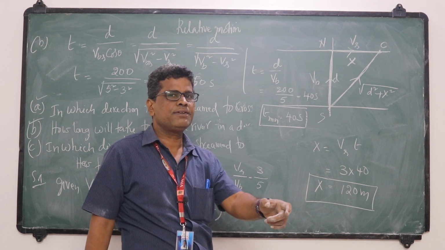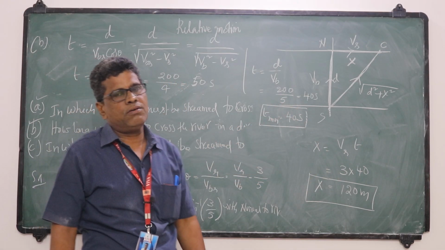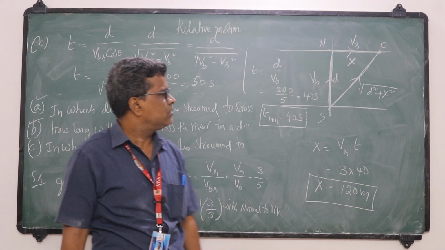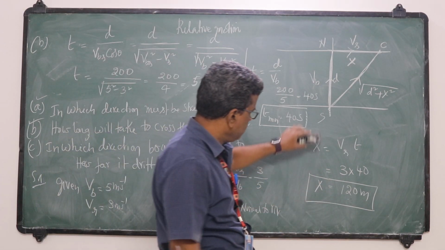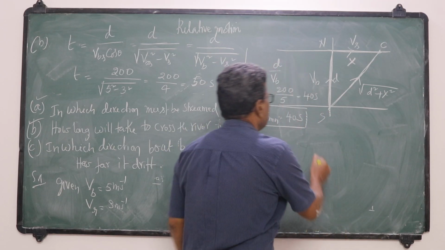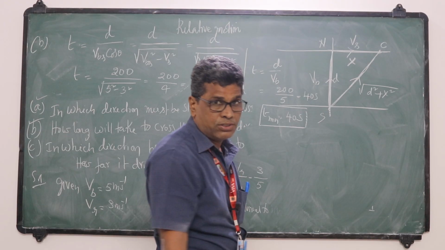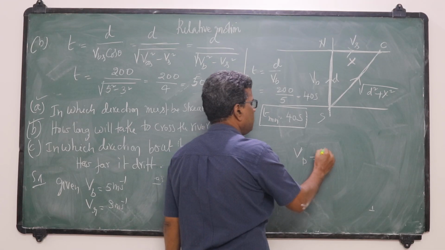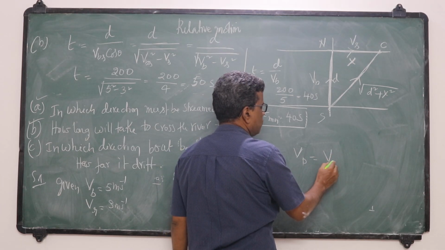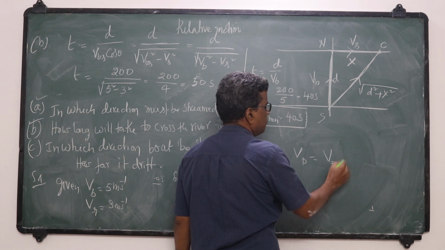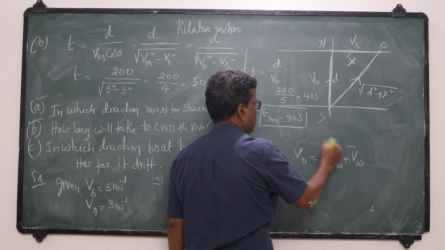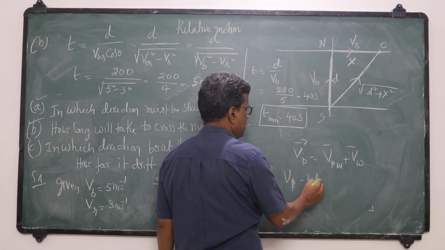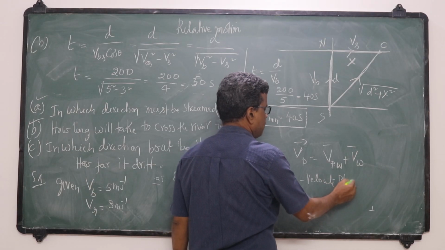The velocity of the wind replaces the velocity of the river, and the velocity of the aeroplane replaces the velocity of the boat. The velocity of the plane will be the velocity of the plane with respect to wind, plus the velocity of the wind.